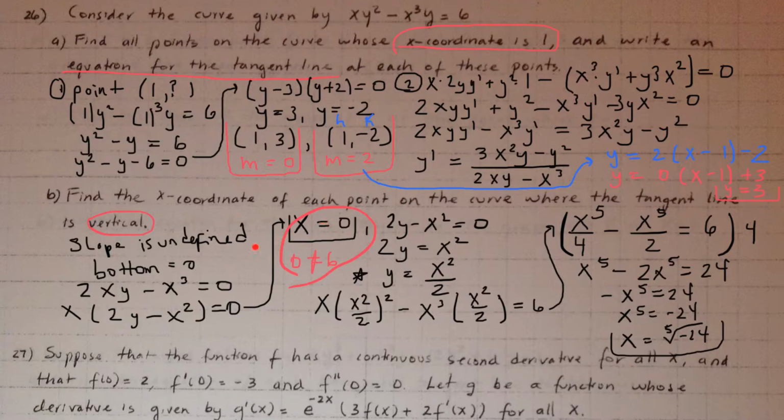Your slope wants to be undefined because that's how we found that x, by setting the denominator equal to 0. But then the function says, there's no point. There's no point on the curve where x is 0. So there is no tangent line, and so this x equal to 0, it's actually nonsense.